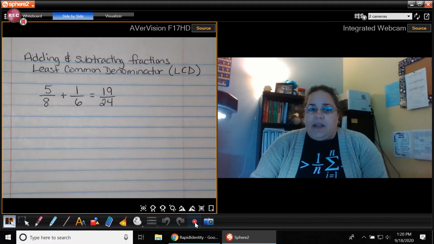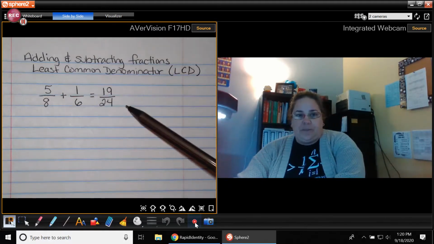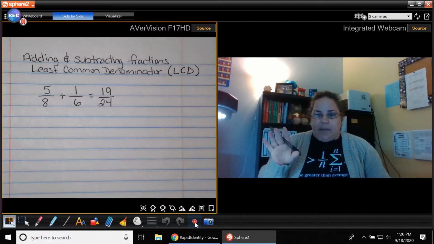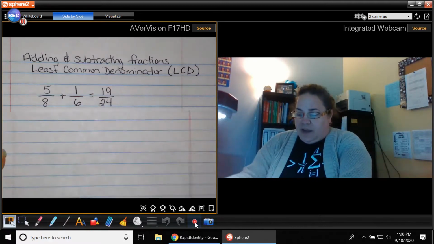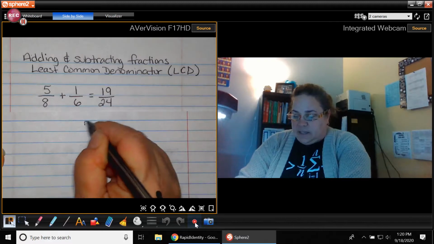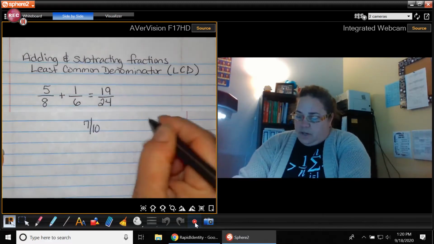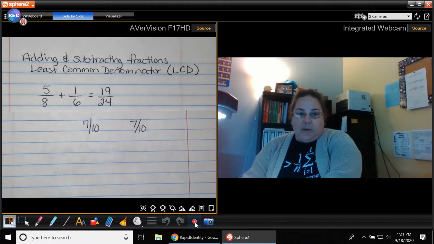Once you've gotten this copied down, I want you to take a look at this problem that I have here, okay? First of all, let me say something about fractions and writing fractions. In the past, some of you have learned to write fractions like this. Or, you know, maybe with a little bit more of a diagonal or something like that, okay?